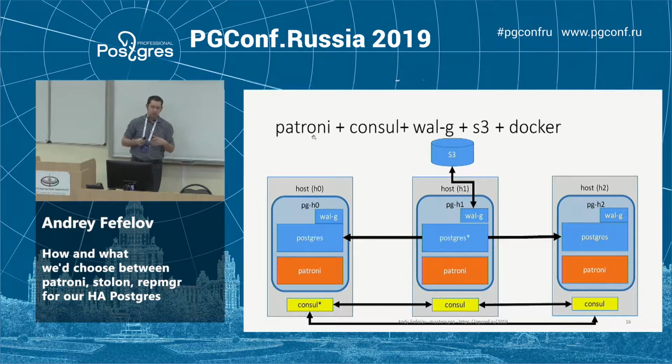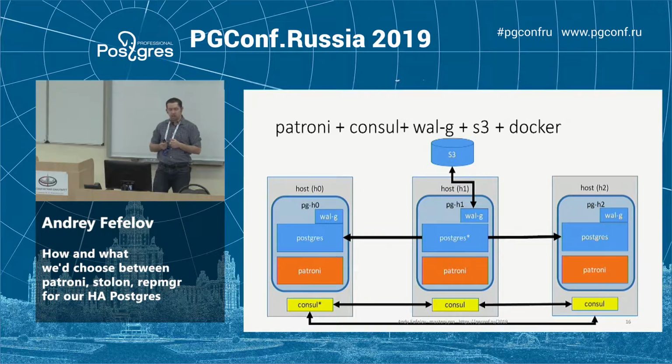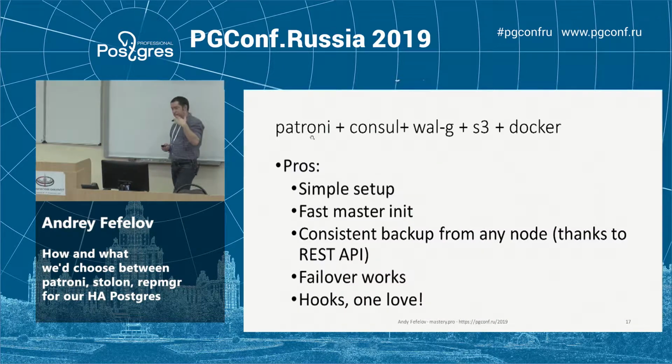On each of the hosts, we have the Consul service of the first level, and we have containers with Postgres, and we have Patroni, and Patroni manages this Postgres. We can initiate the cluster from S3 with all the backups and stream WAL-G, and we have had this solution for the last half a year, and we are quite happy with it.